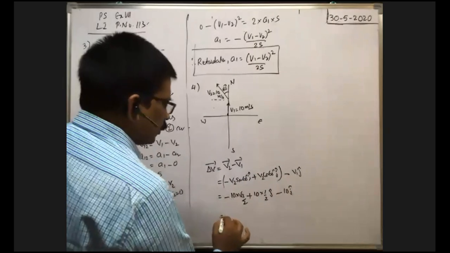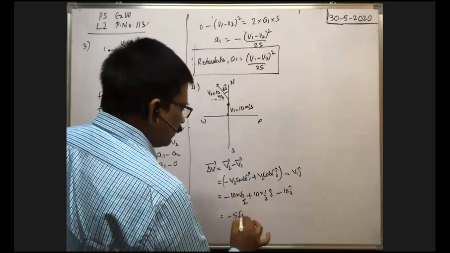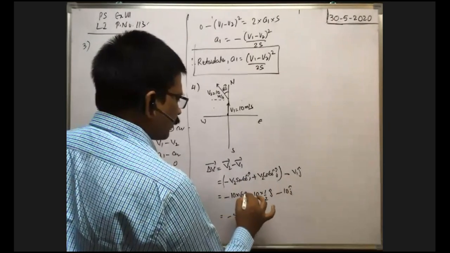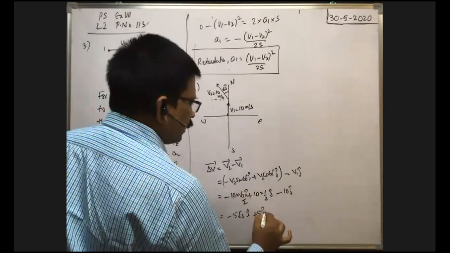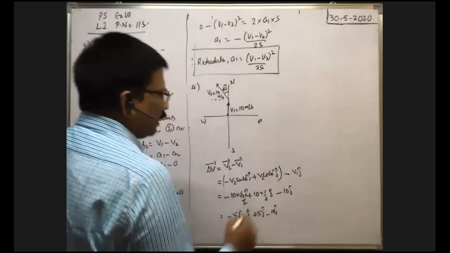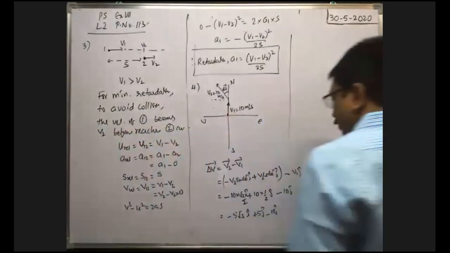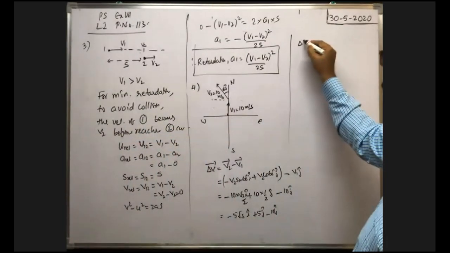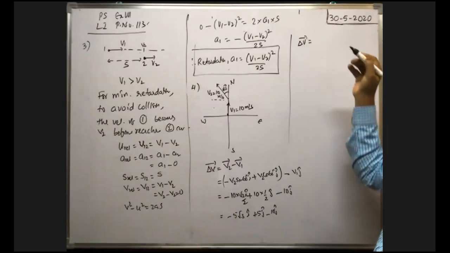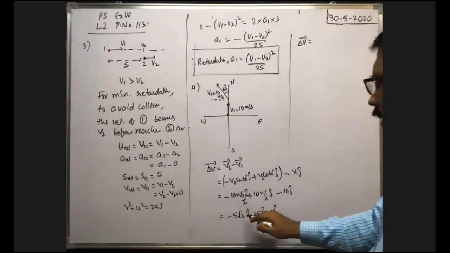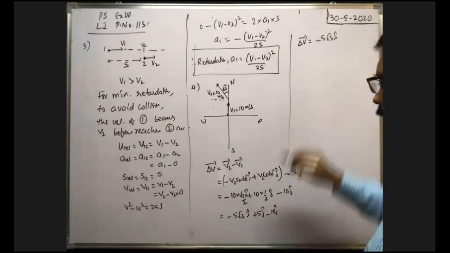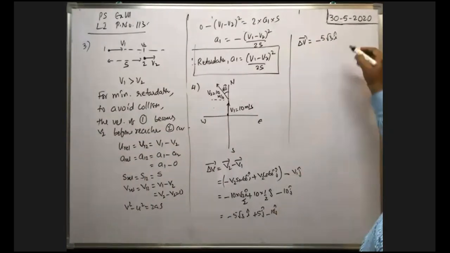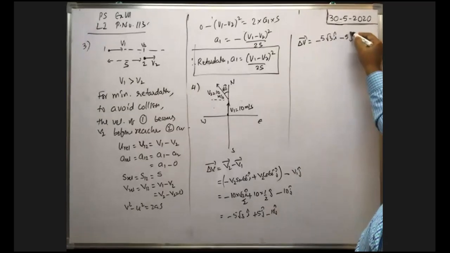So this is equal to minus 5 root 3 i cap plus 5 j cap minus 10 j cap. Therefore delta V bar, the change in velocity, is equal to minus 5 root 3 i cap minus 5 j cap.